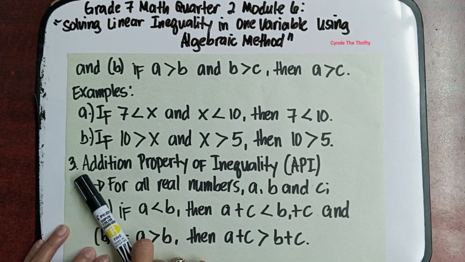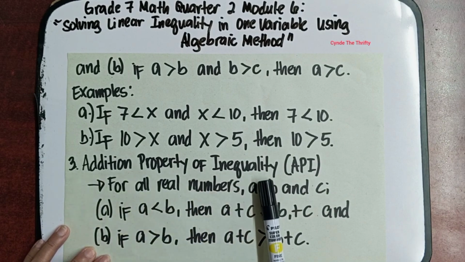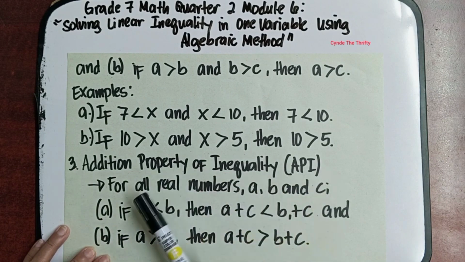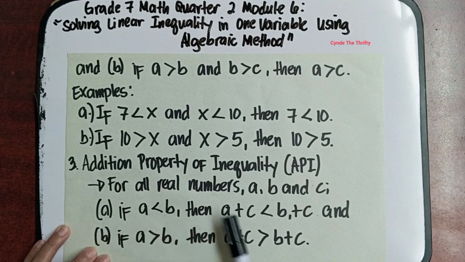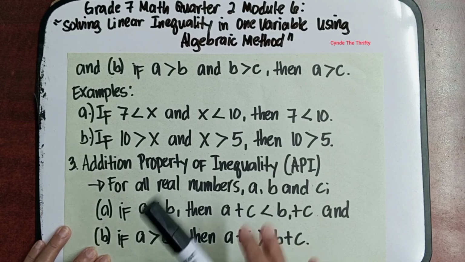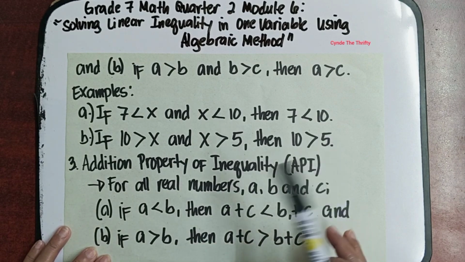Third is addition property of inequality or API. For all real numbers, A, B, and C, if A is less than B, then A plus C is less than B plus C. And if A is greater than B, then A plus C is greater than B plus C. Okay, so para lang itong addition property of equality.